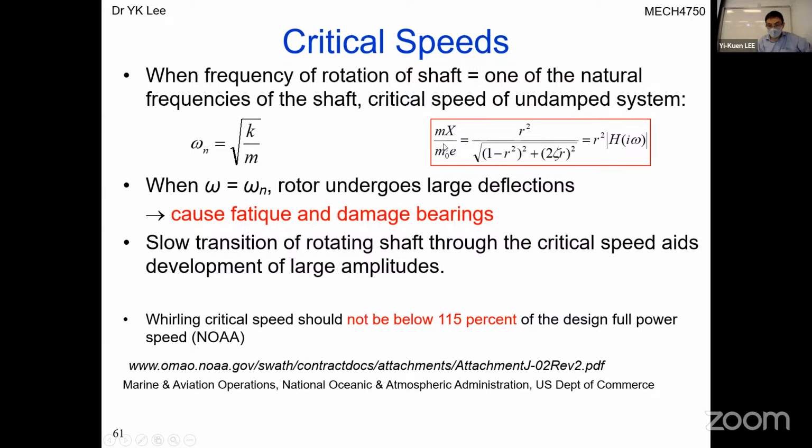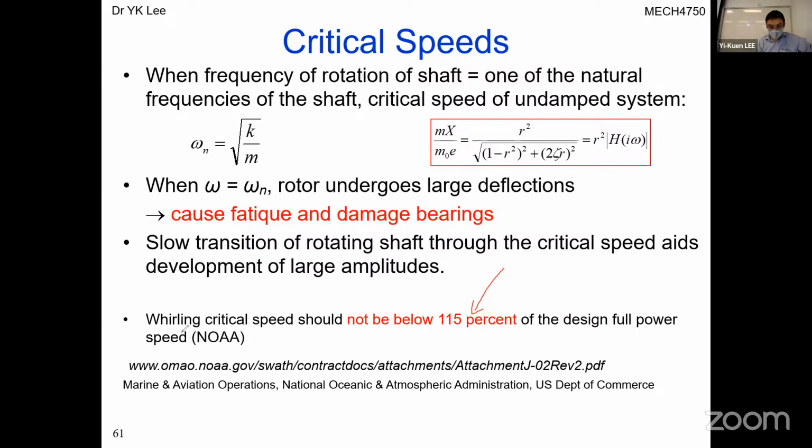If the speed is too big, the vibration can cause fatigue and damage. So that is quite important, especially for critical rotating machines like turbines used in electrical power generation. Once you have a large vibration, you may cause big trouble, machine failure, and the company may lose a lot of money.